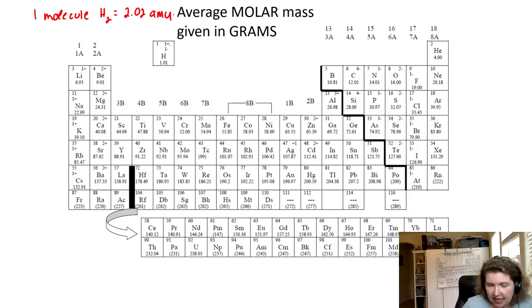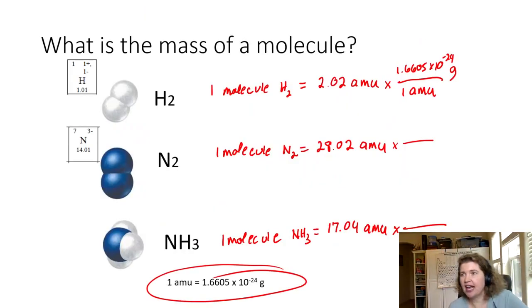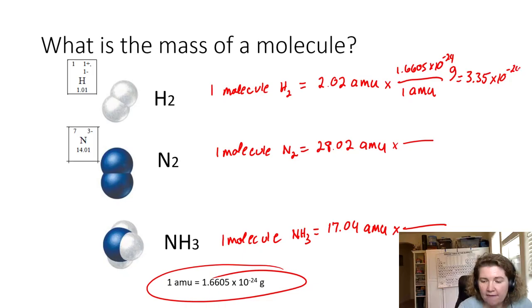And actually, let's go back a screen and just calculate what that is in grams. So 2.02 times 1.6605 times 10 to the minus 24th. That would give me 3.35 times 10 to the minus 24th grams would equal 1 molecule.